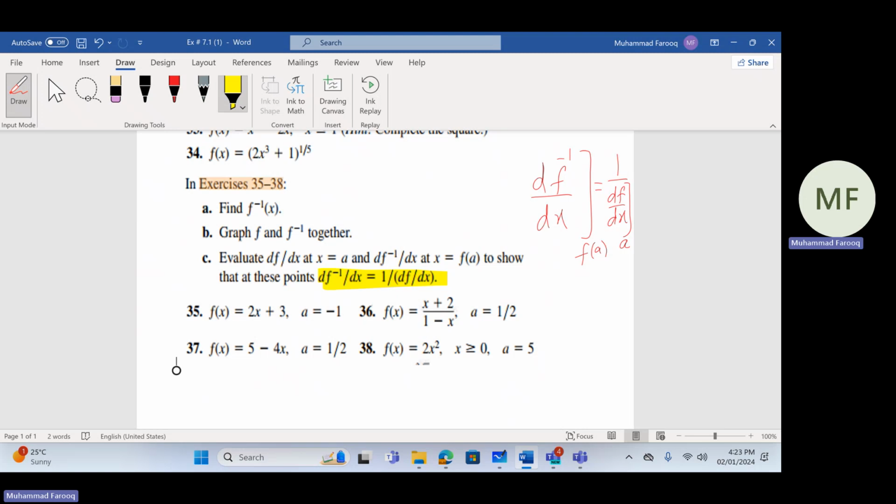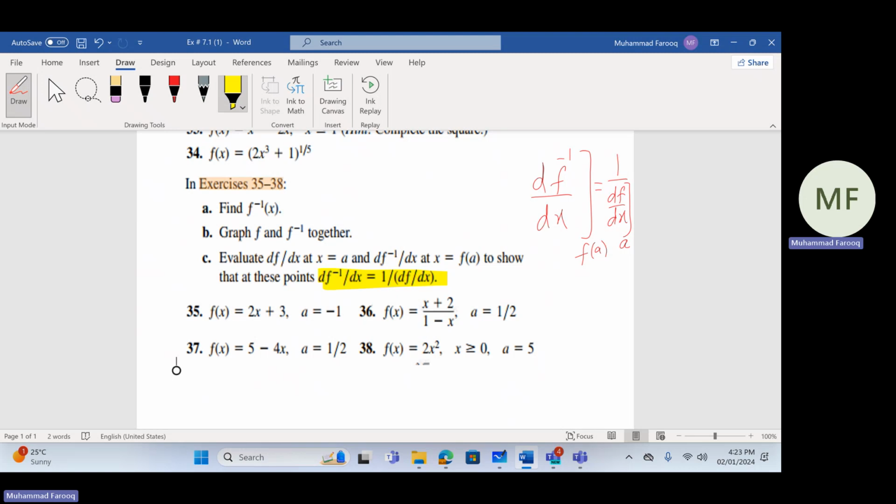That's why in 7.1, if you look at the questions, all are algebraic functions. But in the exam, we can put any function. I can put, for example, y is equal to ln x over 3, or y is equal to 3e power x divided by 2. So any function I can put in the exam for this topic.